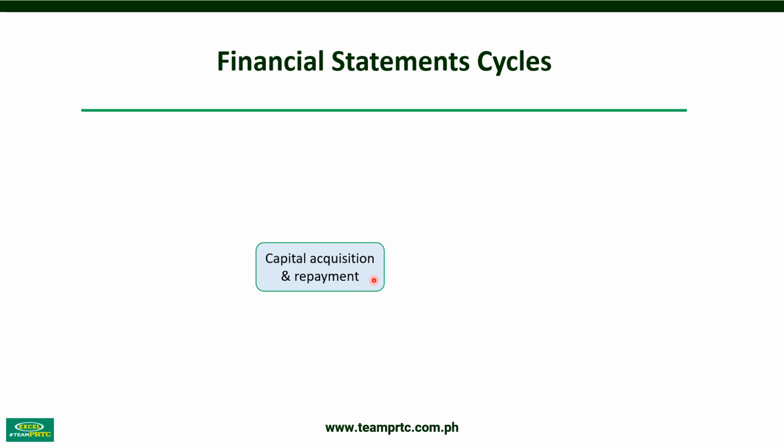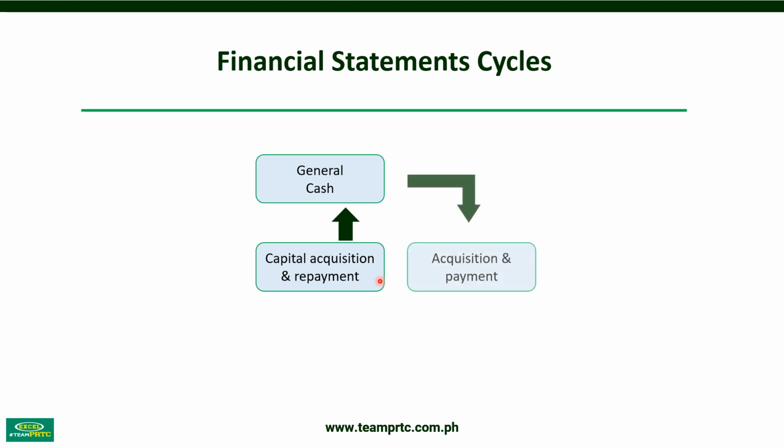So in the financing cycle, the entity will raise cash from stockholders in the form of equity and cash from creditors in the form of debt naman. And then those cash will be used to acquire, for example, operating assets such as property, plant, and equipment. So that is part naman of what we call the acquisition and payment cycle.